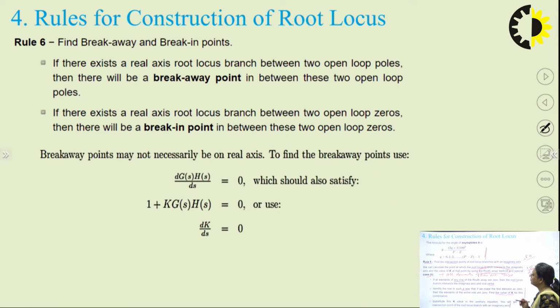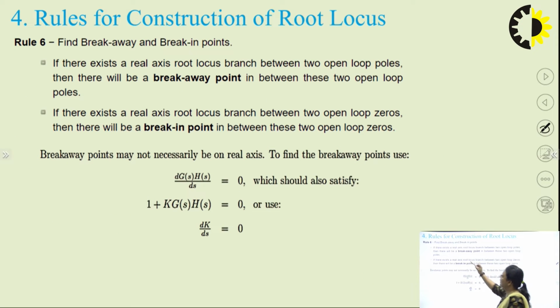Okay. Now rule number 6: we have to find out the breakaway and break-in points. When there are two consecutive open loop poles, there will be a breakaway point, and when there are two consecutive open loop zeros, then definitely there will be a break-in point. Now how to find this breakaway point and break-in point?